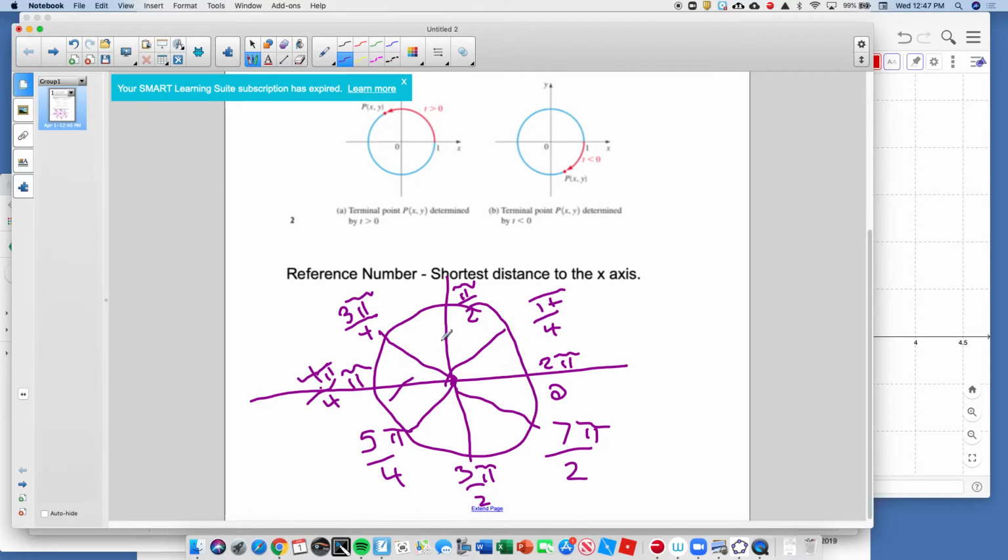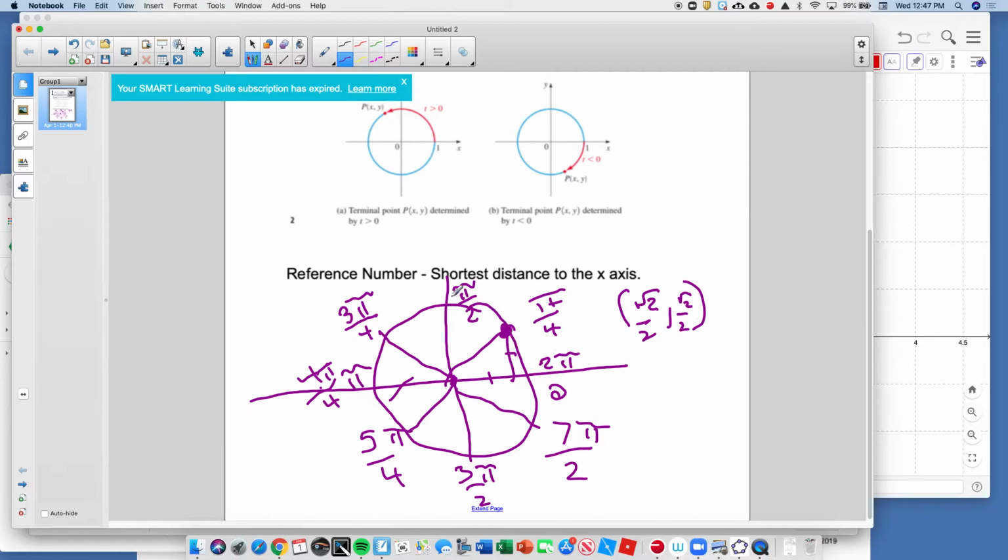So if this is perfectly even, halfway between these two, then we can see that these two sides are the same. And so our terminal point here is going to have equivalent x and y coordinates. And so this is going to be root 2 over 2, comma, root 2 over 2.